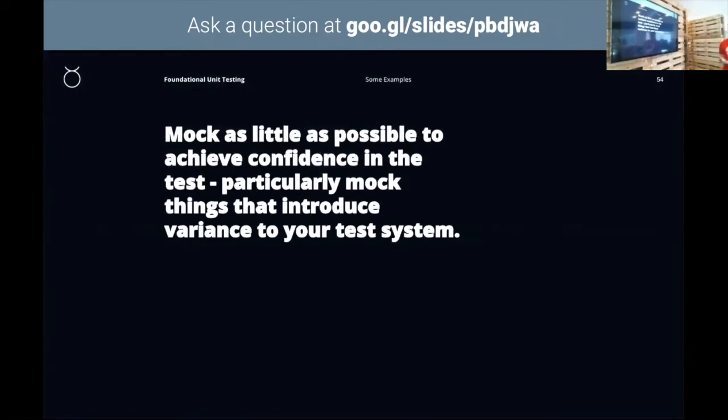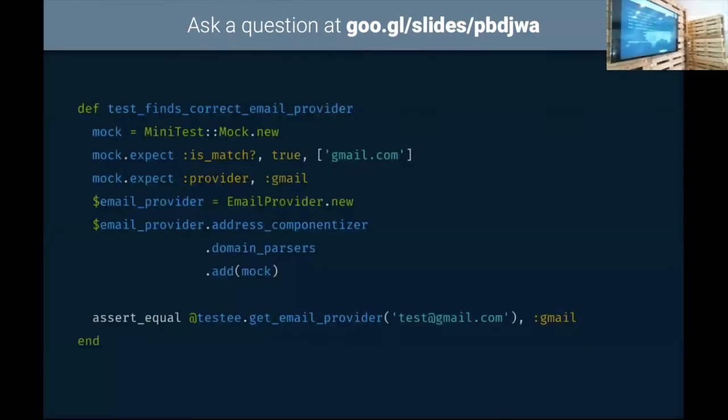So mocking things that introduce variance to your test system, like databases or network calls, I think is quite important. But at the same time, if you go a little bit overboard with that, you're not actually really getting a good indication of what's going on. So in this instance here, what I did was I found the bottom thing in the hierarchy that actually needs to do anything, or in other words, I just made a fake email provider out of this whole chain of stuff, threw it in at the end, but you otherwise use exactly all of what's there under the hood, because there was nothing special about what I'd written.